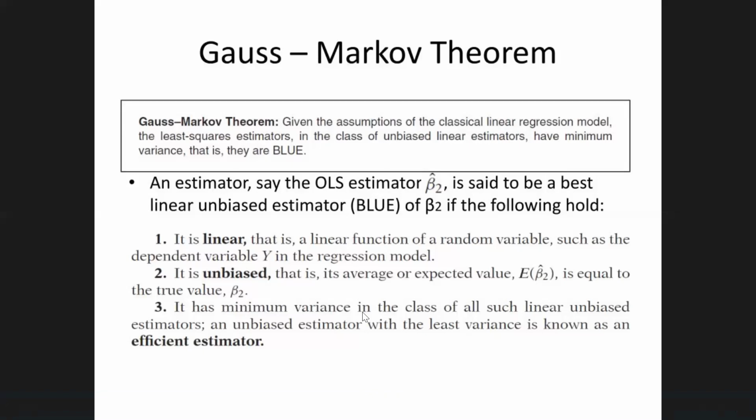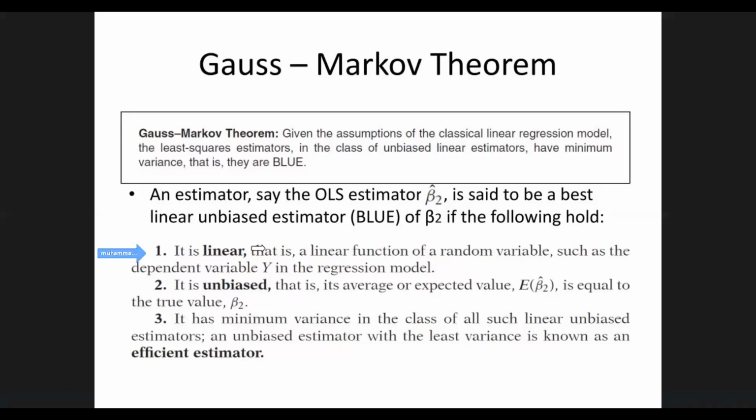By BLUE we mean that beta 1 hat and beta 2 hat will be linear, that is, a linear function of the random variable such as the dependent variable y in the regression model.